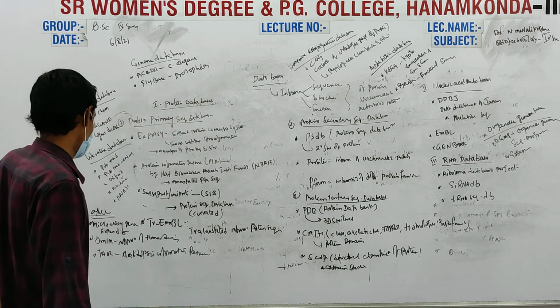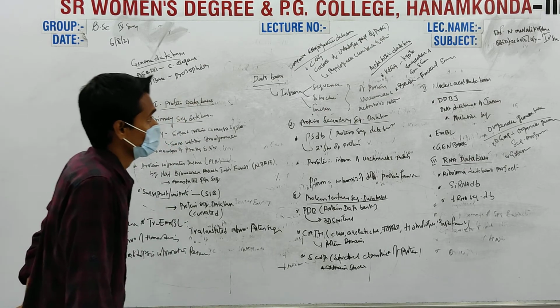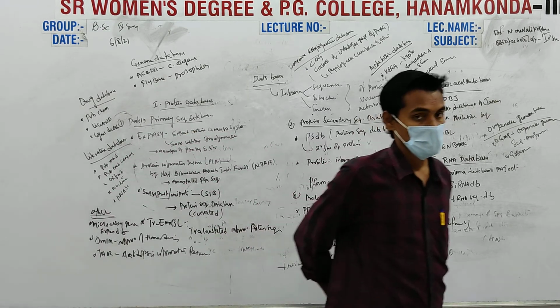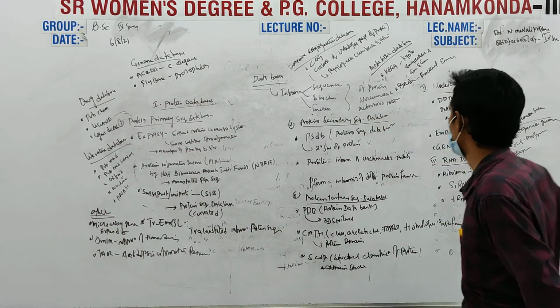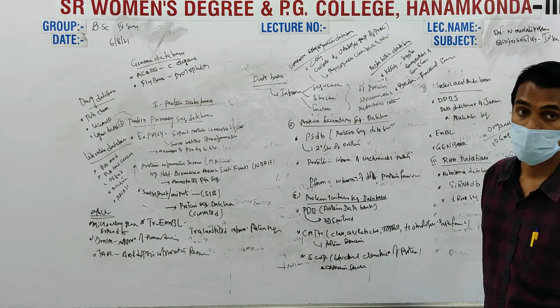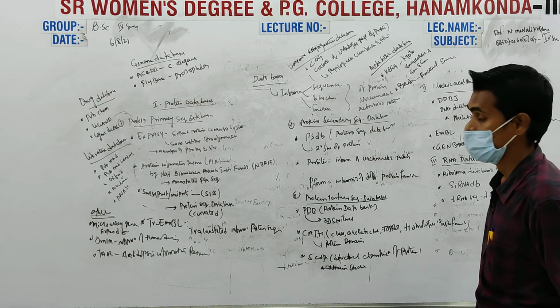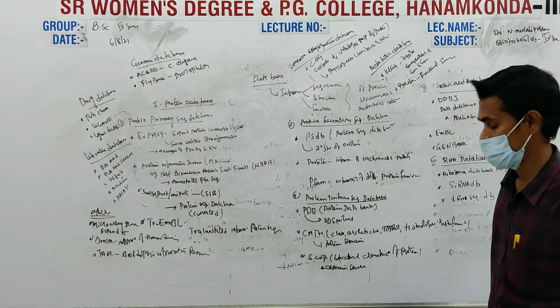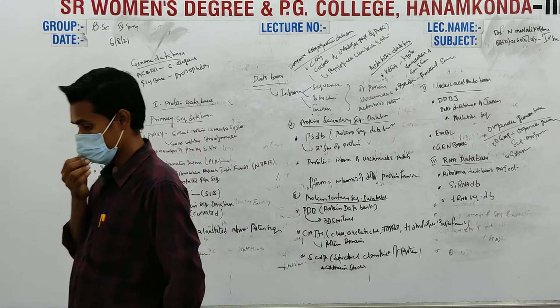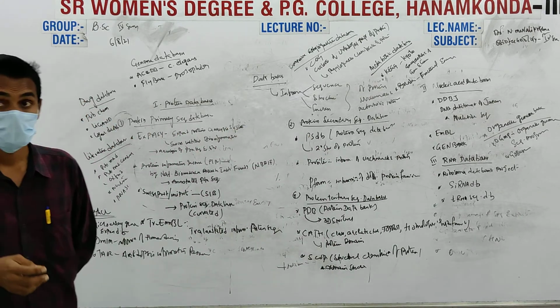Next, metabolic databases, which give the information of metabolic intermediates and metabolic pathways. That is, we have KEGG, the Kyoto Encyclopedia of Genes and Genomes, and BRENDA, which is about functional enzymes.